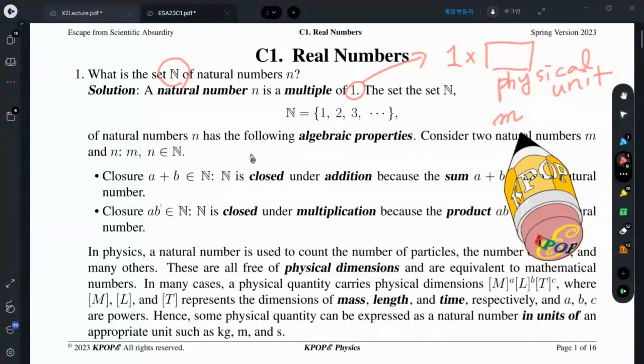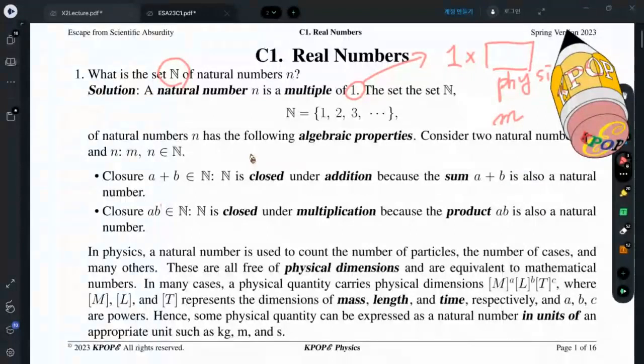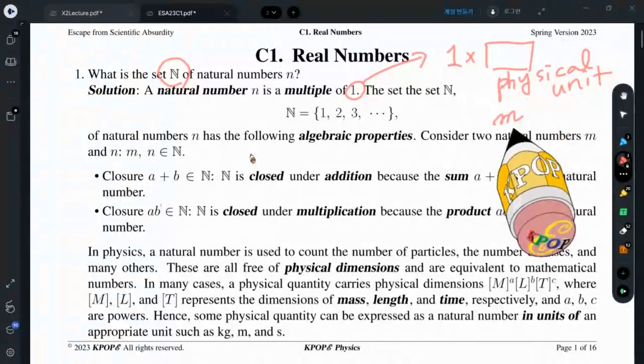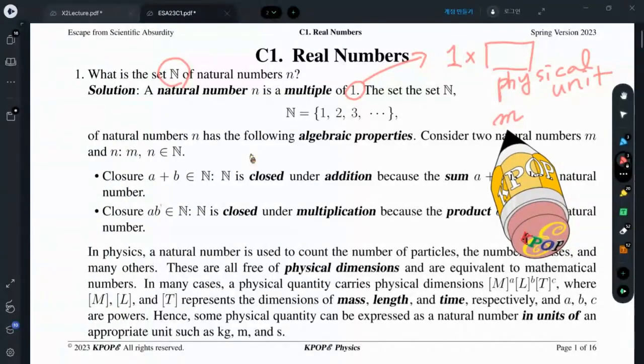Any physical quantity has its own physical dimensions. So that's a different feature in comparison with a mathematical number. For example, we have a height or length that has the physical unit of length, and we multiply some number on that physical unit to represent the exact amount of length.